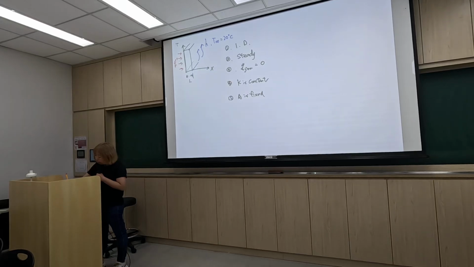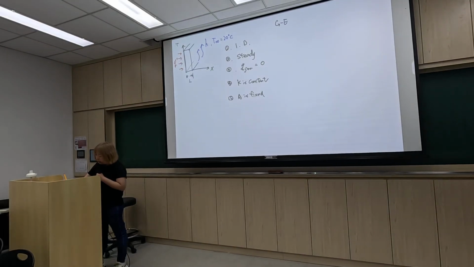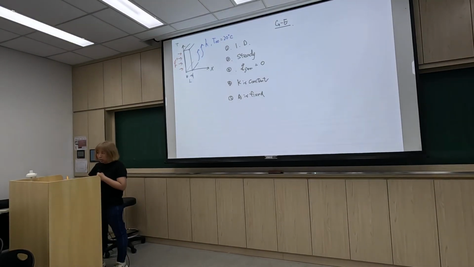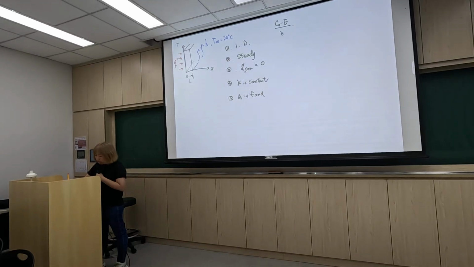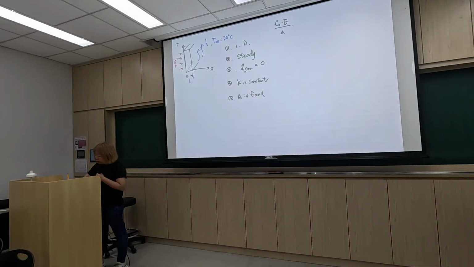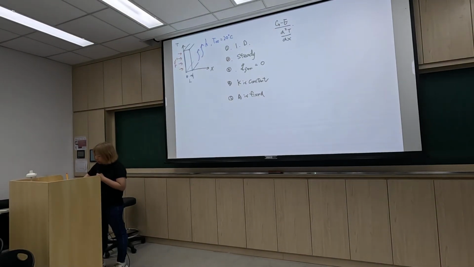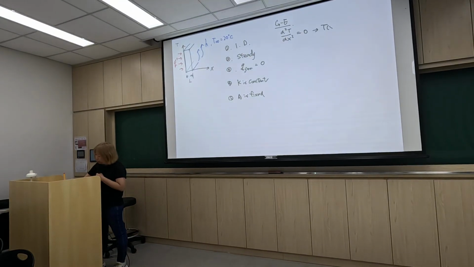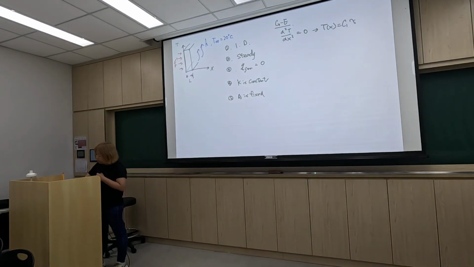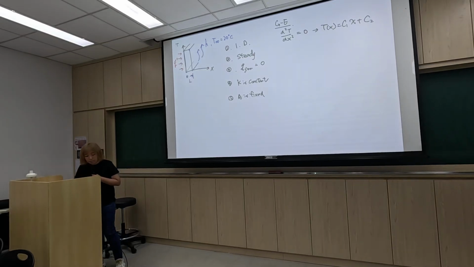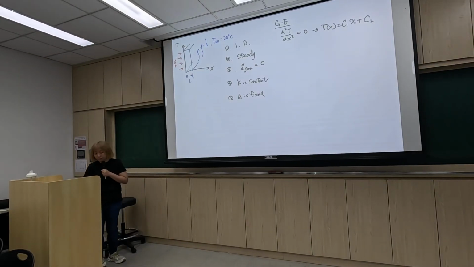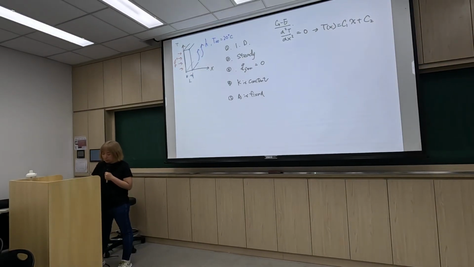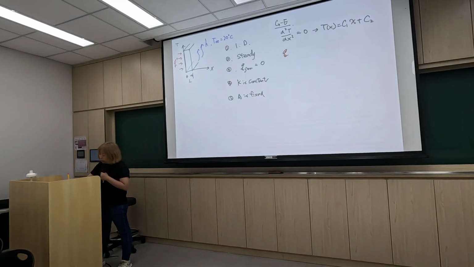Okay, so let's pull out the governing equation again. Now it's a constant coordinate, so it's a second derivative, but it's one dimension. Let's write it down just like this. As you remember, there will be C1x plus C2. Okay, heat flux is relatively easy, so we solve the heat flux first.